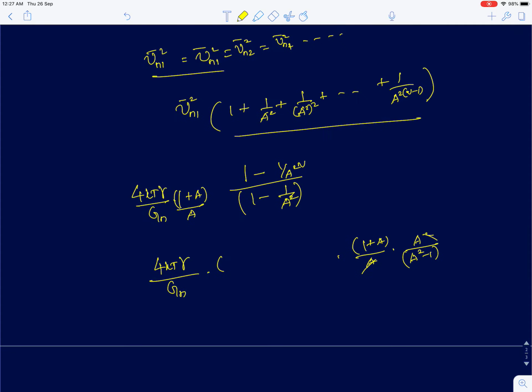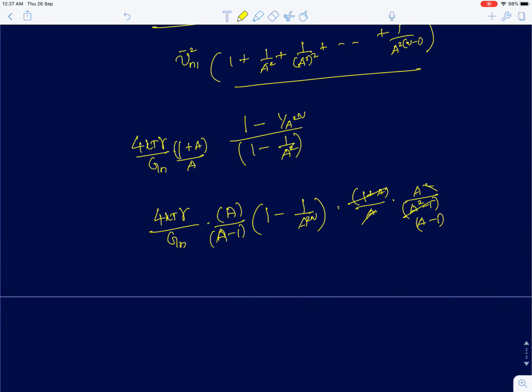So A and A cancel out, 1 plus A will cancel out with this, and you will have A minus 1. So you'll be left with A by A minus 1, into 1 minus 1 by A power 2n.